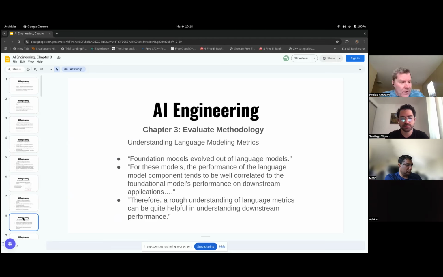In other words, if we can test the foundational model and know how well it performs, we'll have a good idea how well applications hosted or integrated into that environment will perform as well. So it's very important. We'll have a better idea of how to evaluate not only the foundational model, but also how well applications built on it could perform. Therefore, a rough understanding of language metrics can be quite helpful in understanding downstream performance.